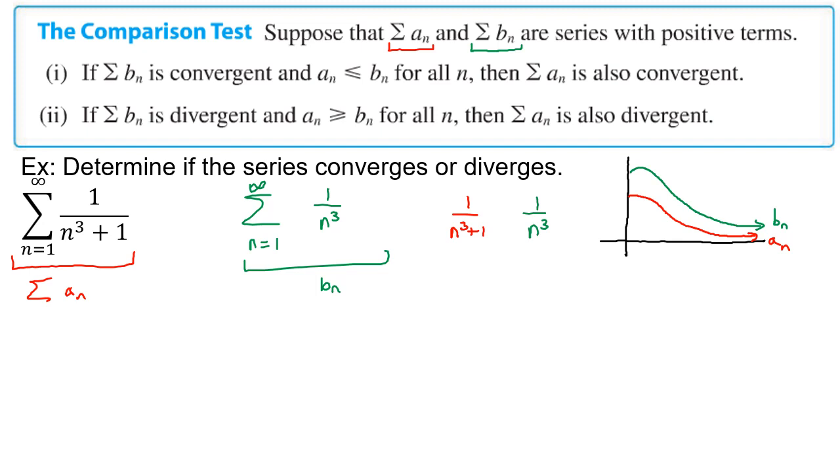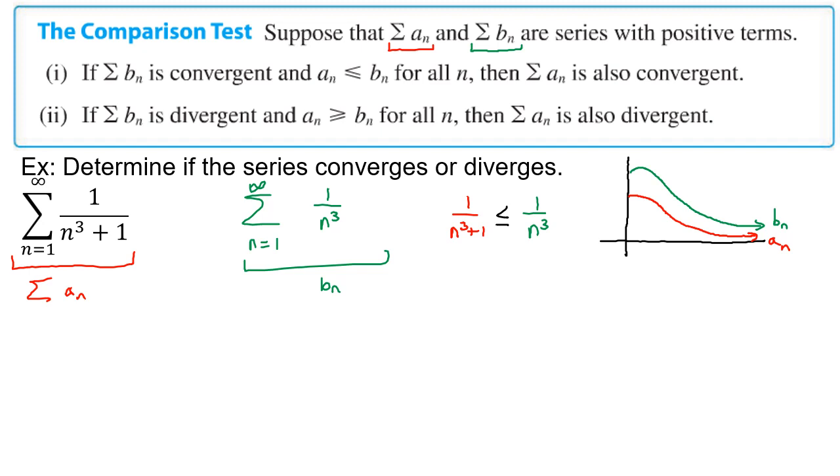Here we could just plug in a few numbers and see what happens. But you might be able to tell that the denominator of the 1 over n cubed plus 1 is bigger than n cubed because you're adding one more to it. And a bigger denominator is going to make a smaller fraction overall. So we're going to be going this direction. But you can plug numbers into it if you want to.